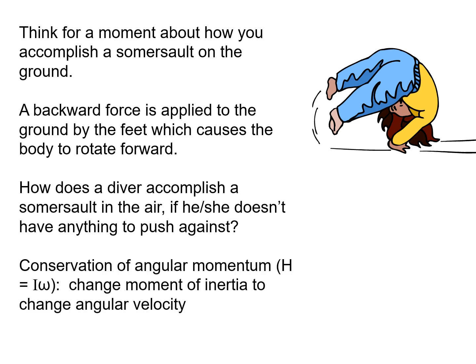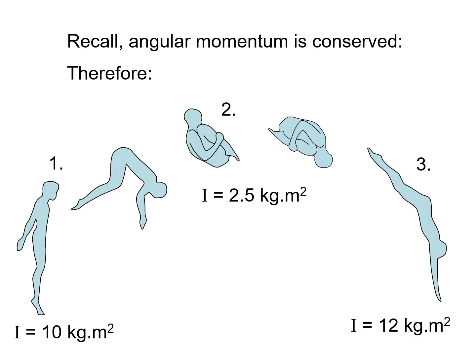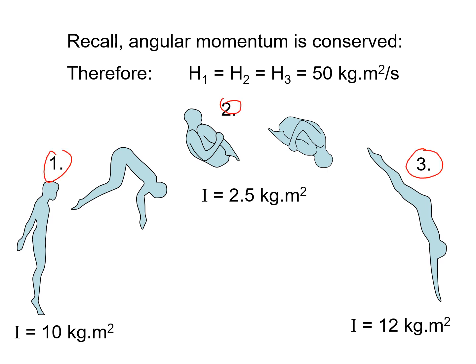We're looking at that conservation of angular momentum again, which relates a change in moment of inertia to a change in angular velocity. So let's remember, angular momentum is conserved. That basically means angular momentum remains constant. Looking at this figure, we see that the angular momentum for each of these positions, 1, 2, and 3, is conserved.